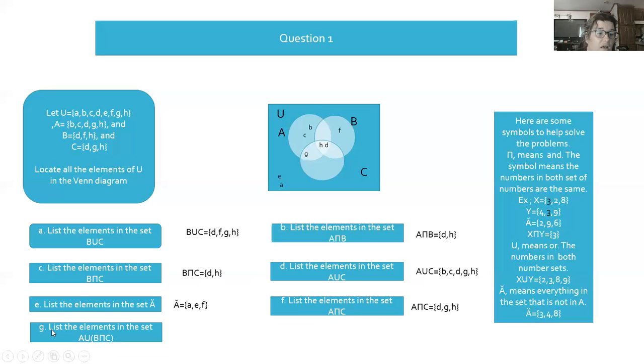Okay, and it says list the elements in the set A union B and C. So we got D and H. It's right here. Because A union B and C, all of them.